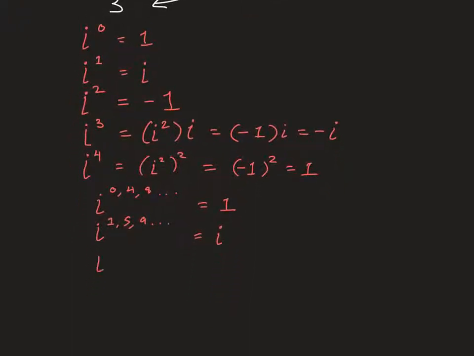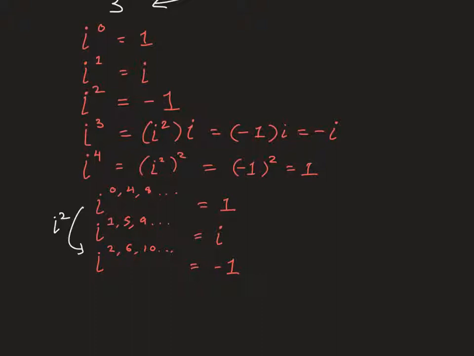And i to the 2nd, 6th and 10th, etc. gives you -1. Because it's like multiplying each of these by i squared.